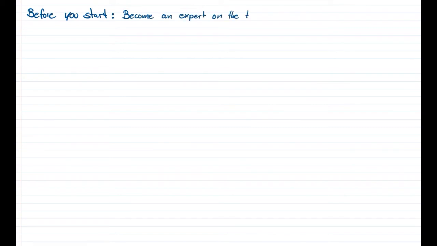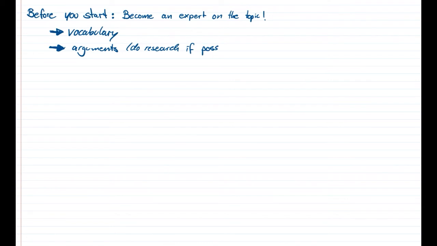Even though you might only write about the pros, you really need to be aware of both sides and both arguments. So, becoming an expert means getting familiar with the vocabulary, which specific vocabulary do you need for this topic, and getting familiar with the arguments that might be pros or cons.